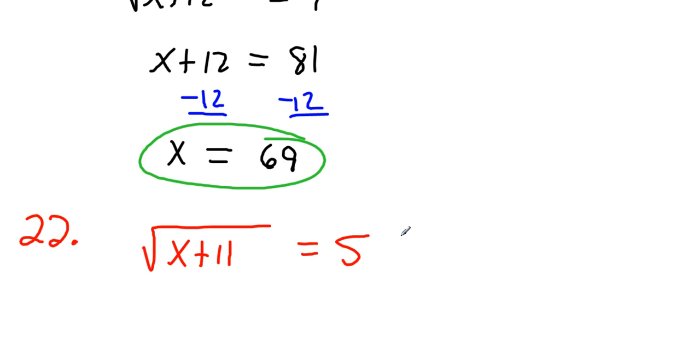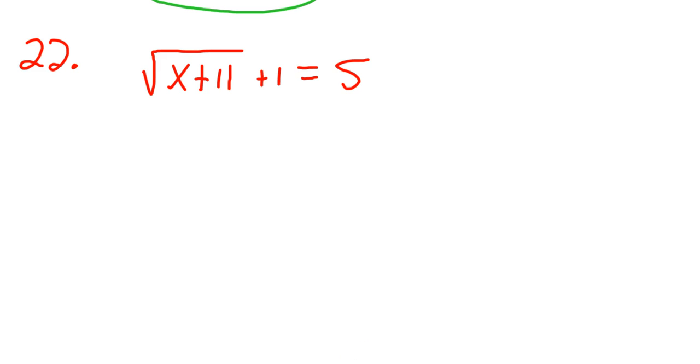Okay, for this one, let's go with square root of x plus 11 equals 5. Actually, hang on. Let's go square root of x plus 11, plus 1 equals 5. Okay, so for this one, you have the square root, but it's not by itself.